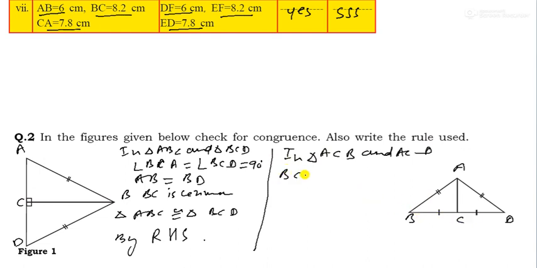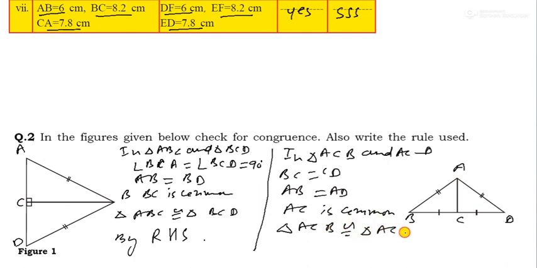Second, AB is equal to AD, it is given, and AC is common. So all the sides are equal. So triangle ACB is congruent to triangle ACD by side, side, side. All the sides are equal, that's why they are congruent.